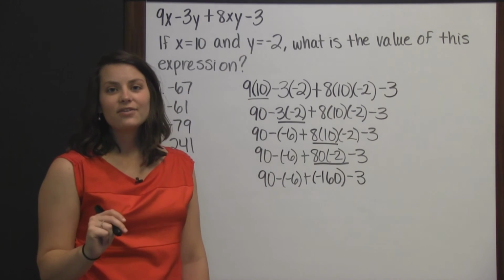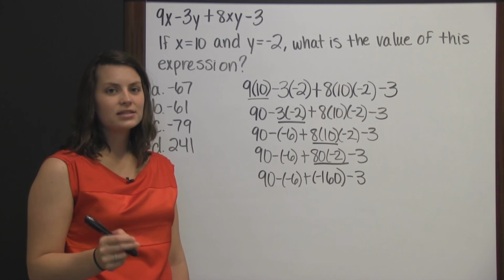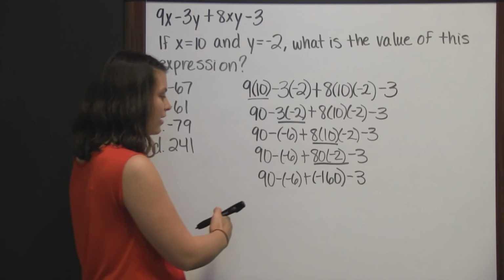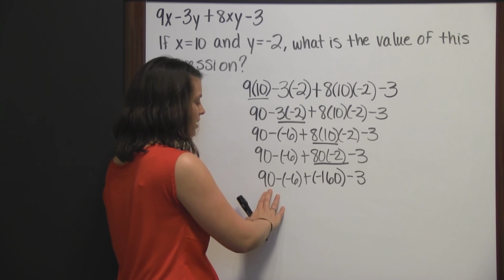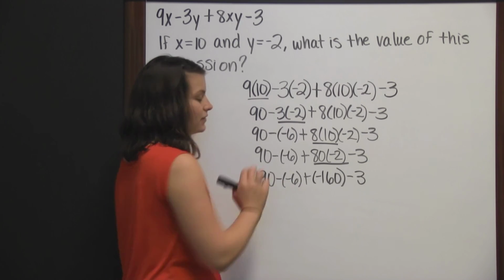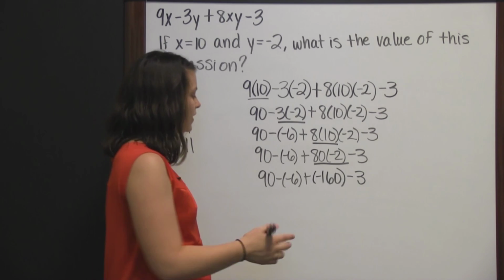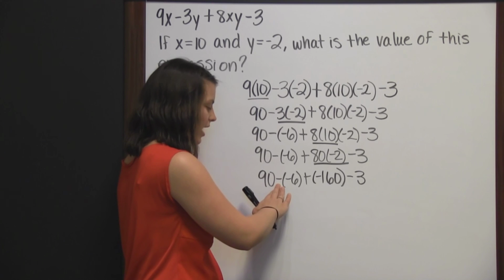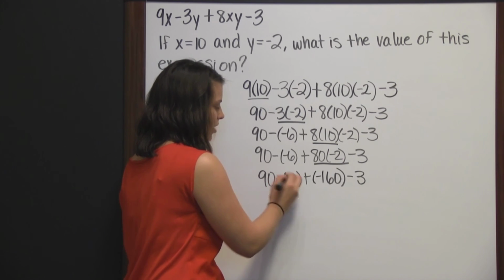Now that we've taken care of all the multiplication, we're now going to work with addition and subtraction, again from left to right. So starting on the left, we're going to start with 90 minus a negative 6. Minus a negative, you can think of this like you're taking away a negative, which is the same as adding a positive.